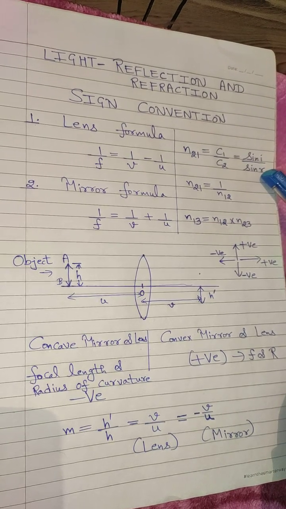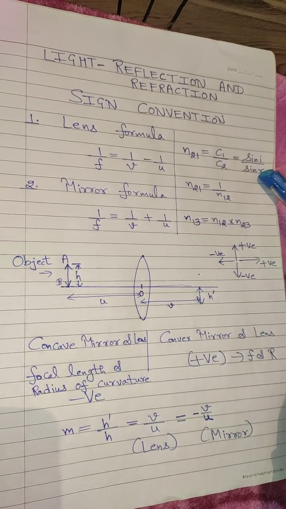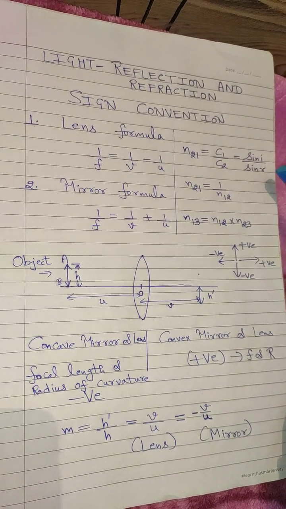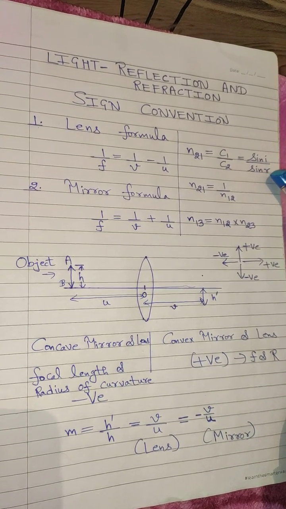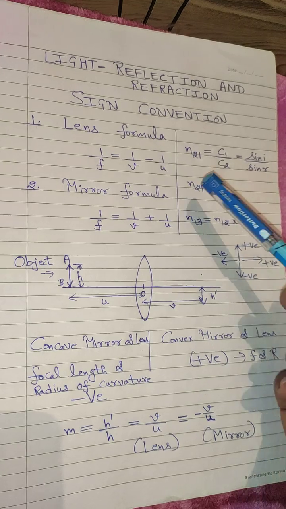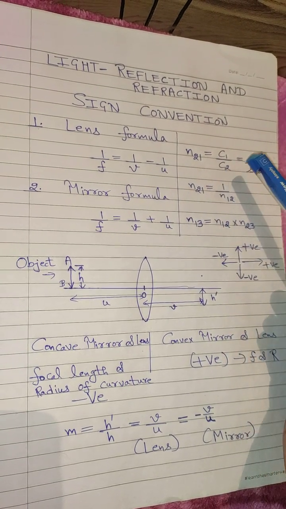This is actually the first law of refraction of light, in which the ratio of the sine of the angle of incidence to the sine of the angle of refraction is equal to the refractive index, or we can say a constant.